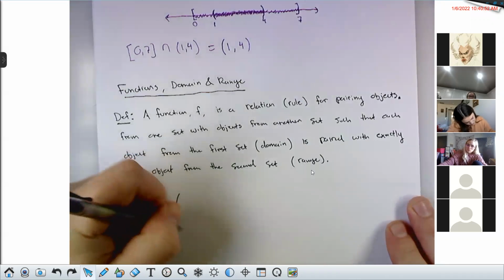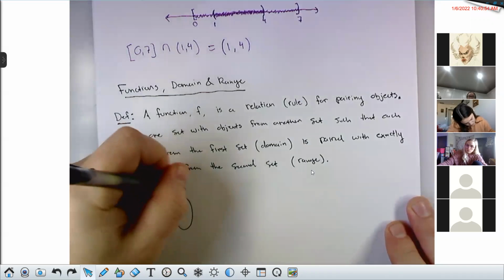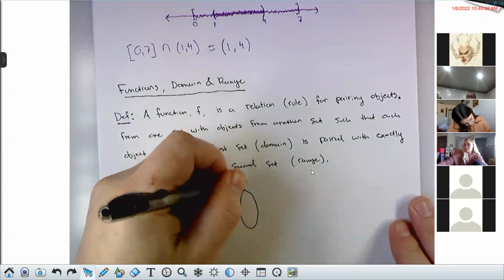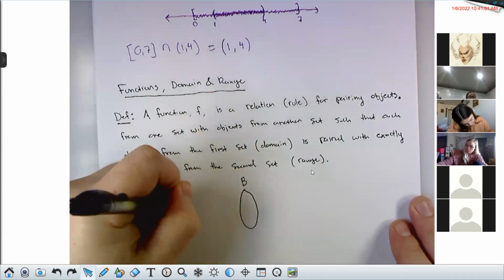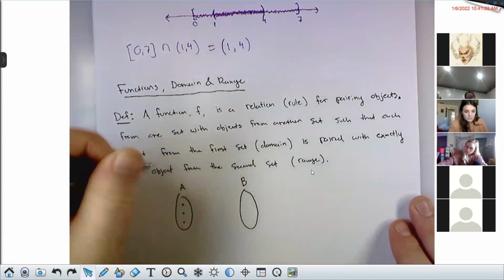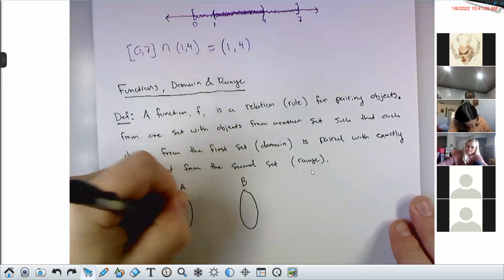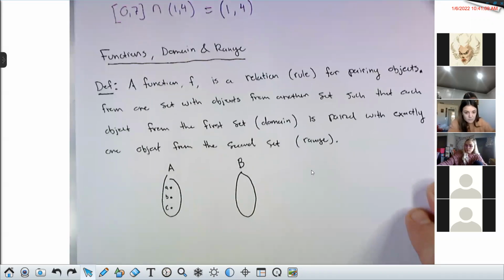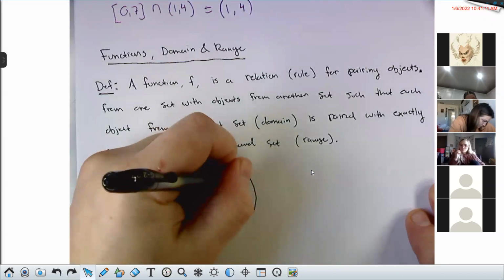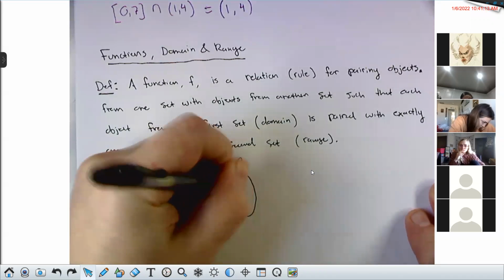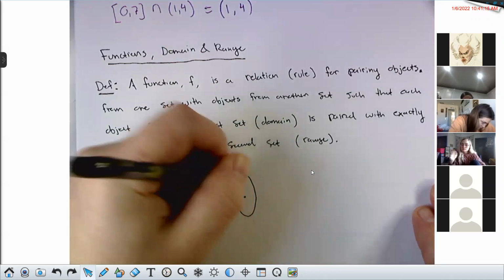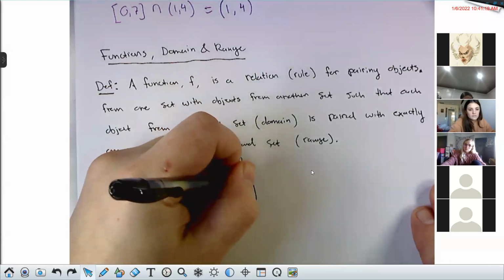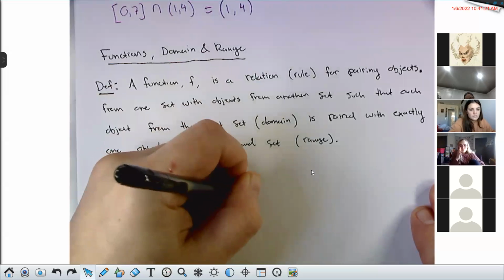If I call that first set A, and I call that second set B, then we can imagine a function. Maybe there's just three things in that first set. Call them little a, little b, little c. And maybe there's two things in that second set, let's call them y and z.